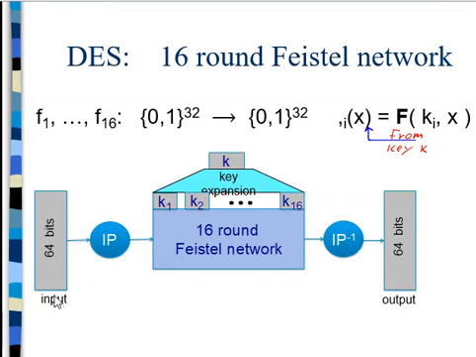Between input and output, we have several stages and phases that need to be repeated: 16 rounds, something like a Feistel network. Before those rounds, we have the IP, the initial permutation, and at the end IP power -1, the inverse of the initial permutation.